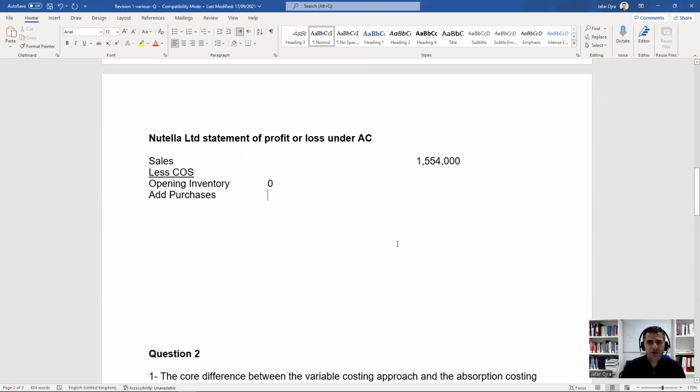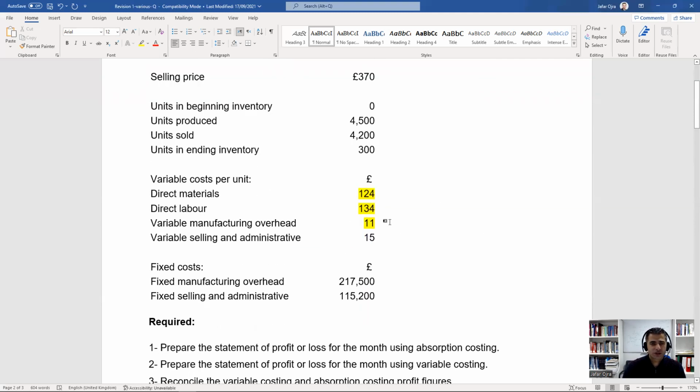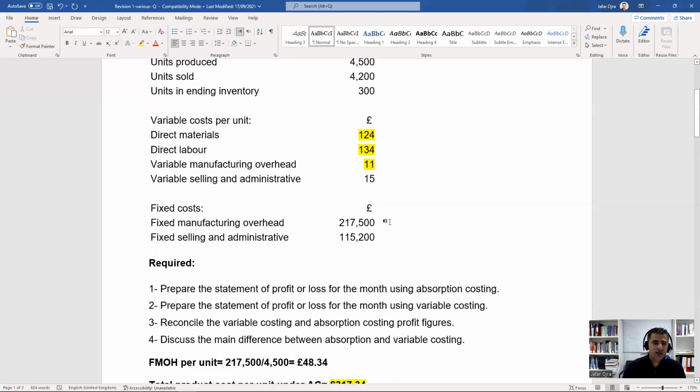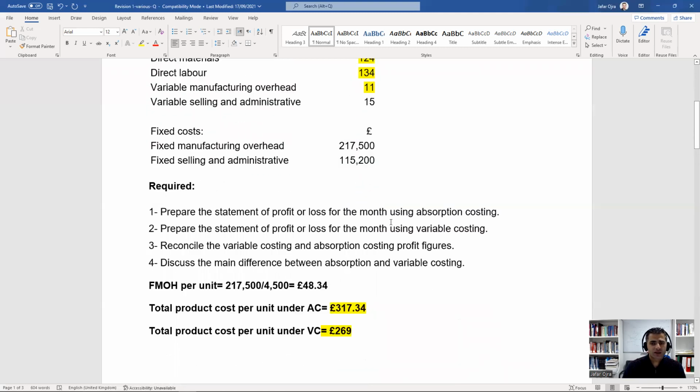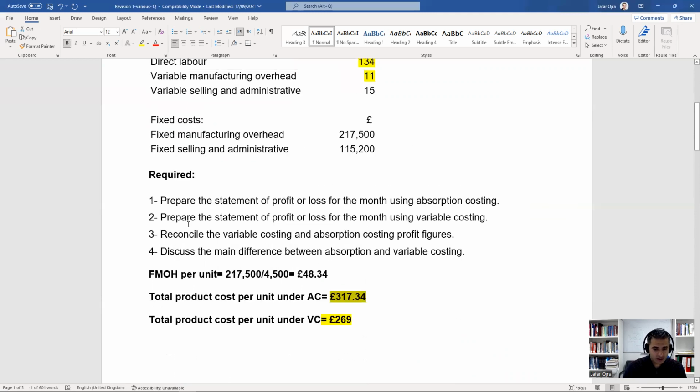How much purchases? So you need to multiply the number of units produced times the product cost per unit. So the product cost per unit is 317.34. So that is the product cost per unit.